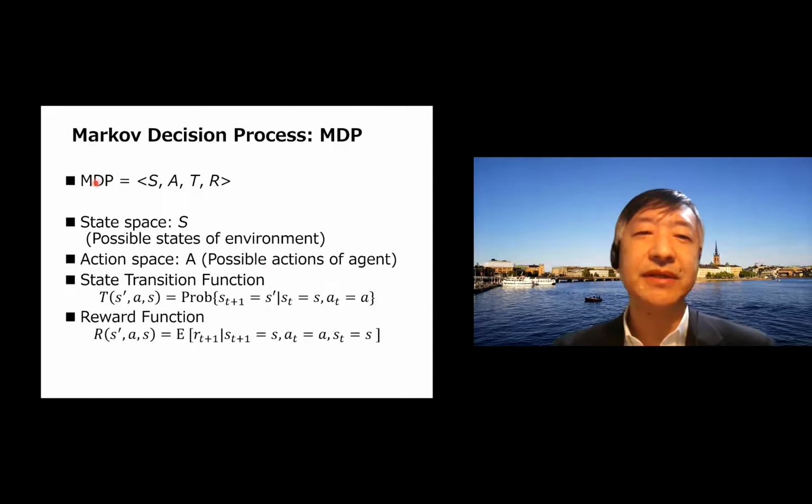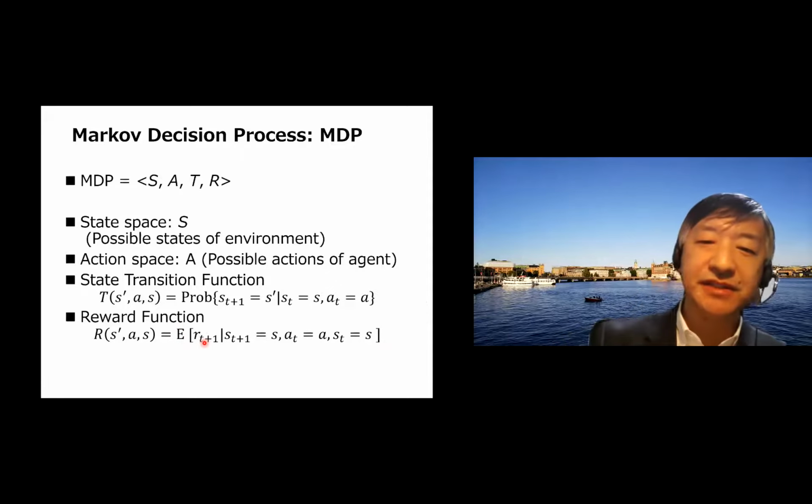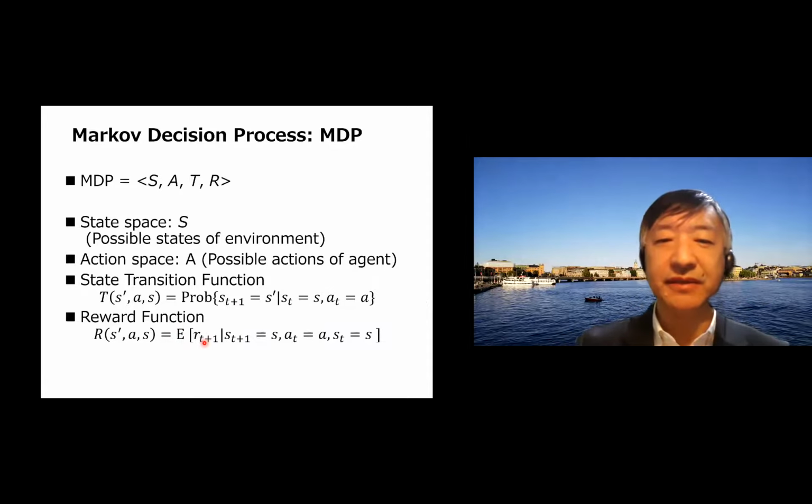So an MDP is composed of 4 elements: the patient state space, the doctor's action space, the state transition function, which is the state transition probability, and the reward function, which is like the expected reward. This defines the expected reward the doctor will get.